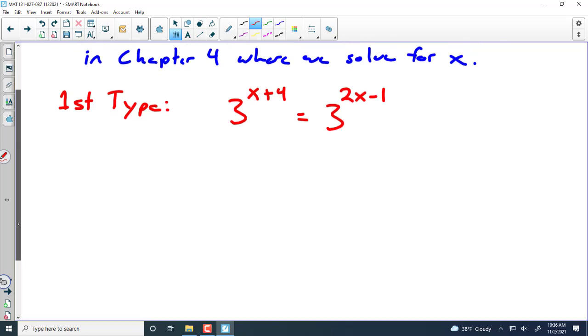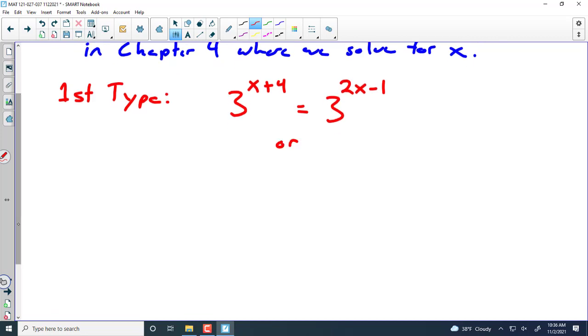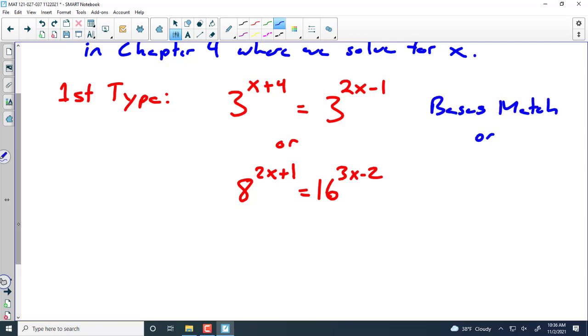So the bases match, or we can make the bases match. That was the first type of solve for x problem.